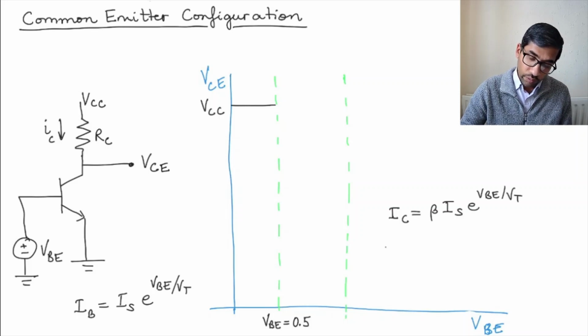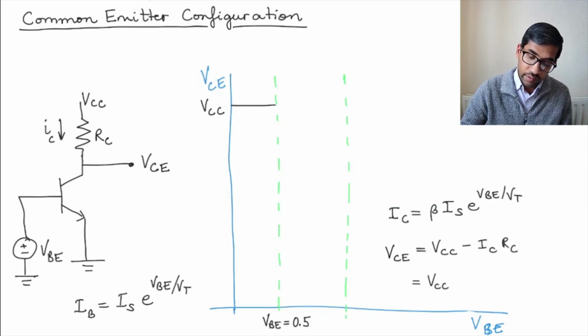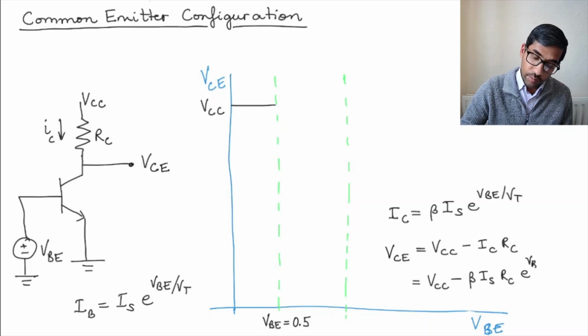Now, having IC, we can calculate VCE, which is going to be VCC minus IC RC, which is equal to VCC minus beta IS RC e to the power VBE over VT, right?